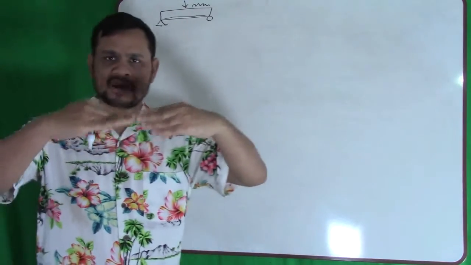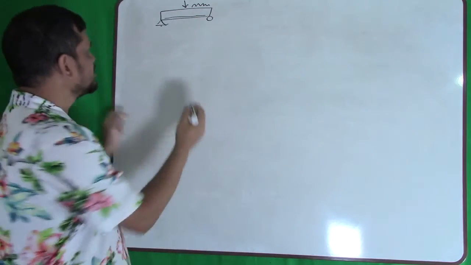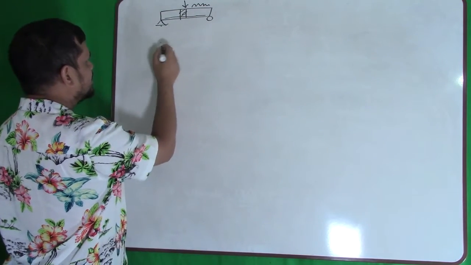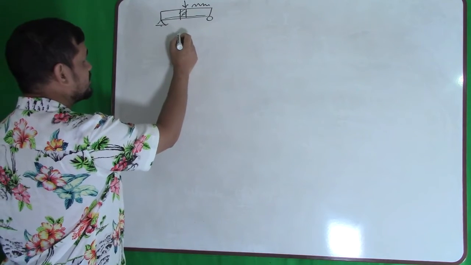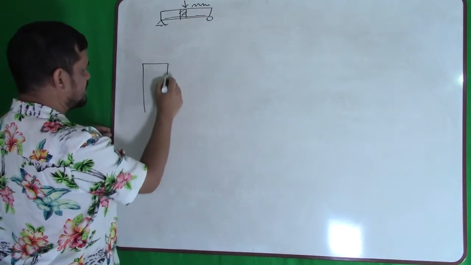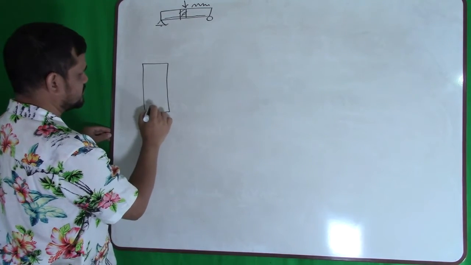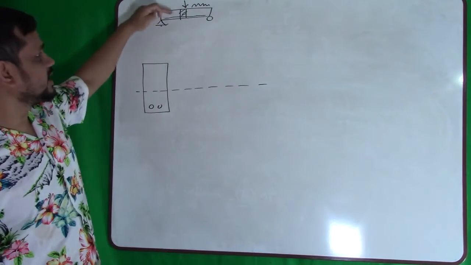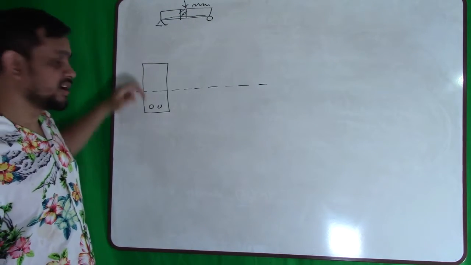This beam will bend. If I take a small section here and make it big, this is that small section, I make it bigger.